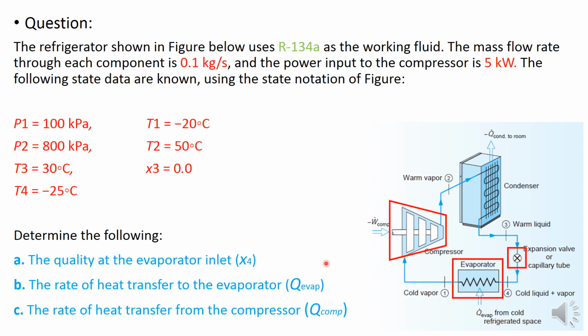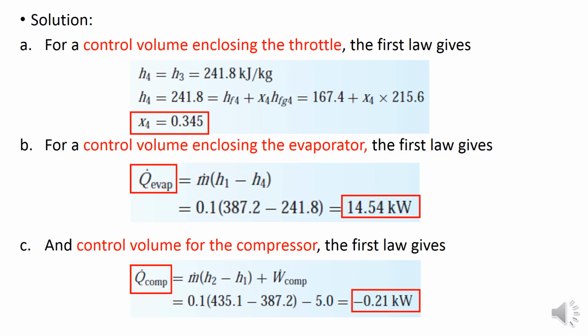Now you are supposed to find out all this: X4, Q dot evaporator and Q dot compressor. Now you decide which equation is to be used of the two first law forms, either the total form or on mass flow rate basis. Now here I have given you the hint that for a control volume enclosing the throttle, refer to the sketch, the first law gives, for throttling it is an isenthalpic process.